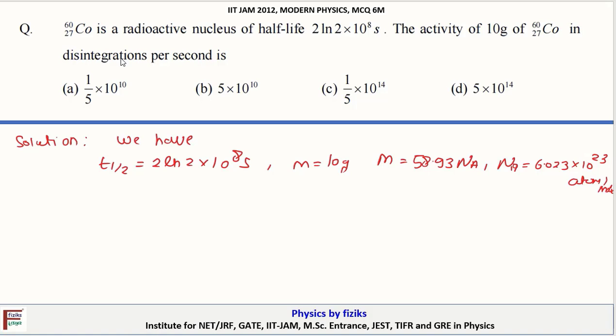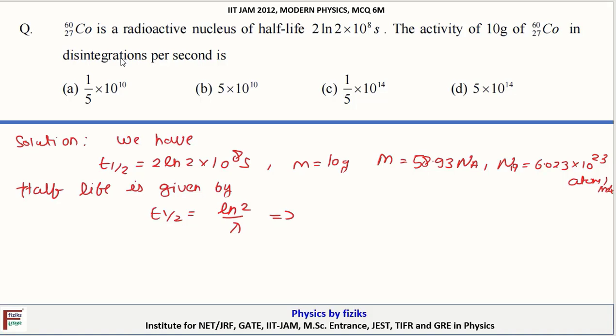Now, half-life is given by T half equals ln 2 by lambda.